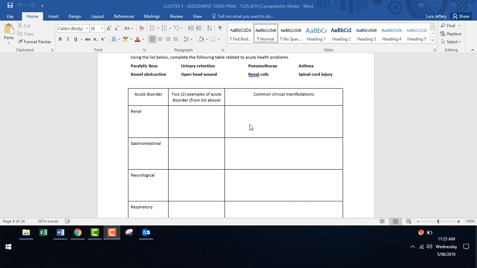And then we want you to put in here and research some of the clinical manifestations that you'll see that relate to, say for example, urinary retention. Pick one of these, put it in which system it relates to, and then tell us what that looks like. Okay?